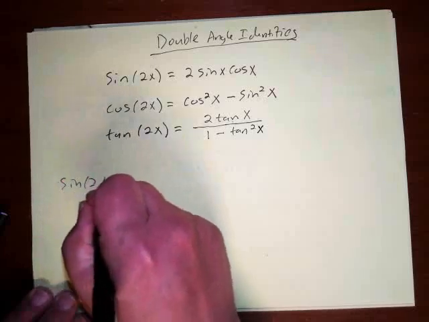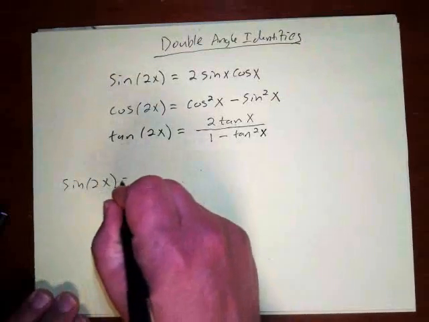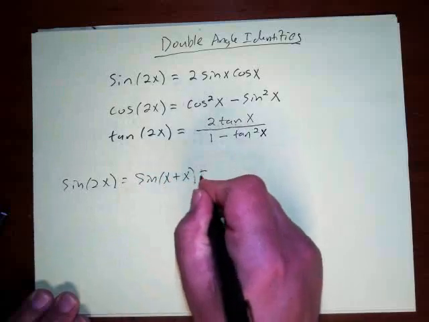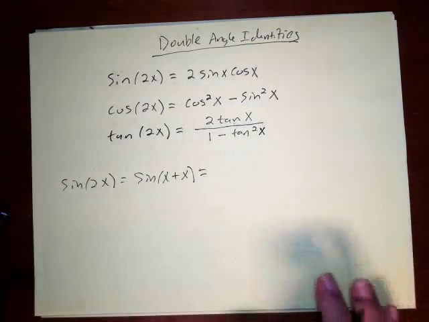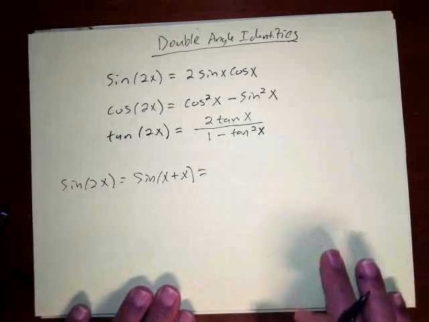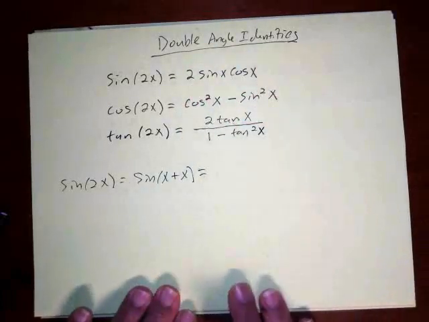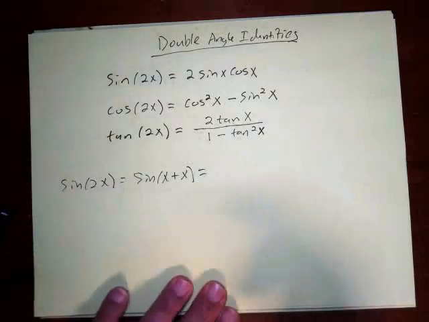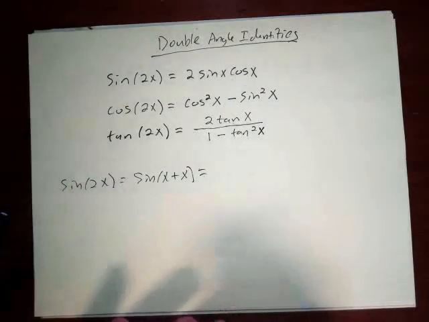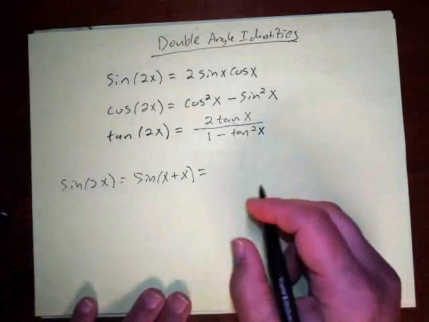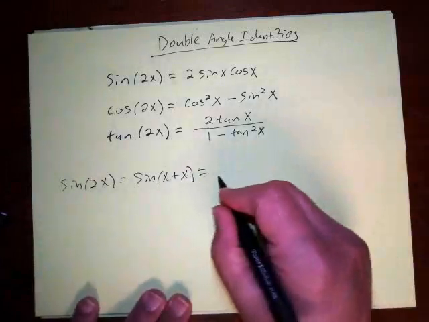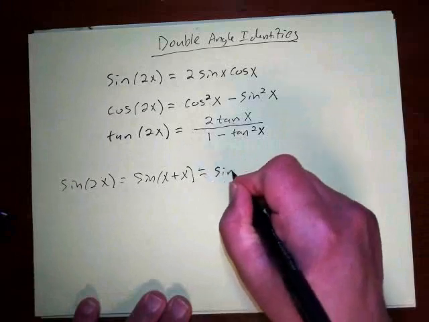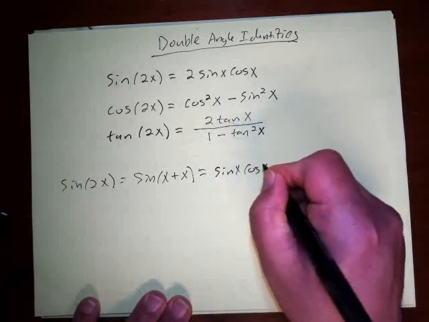So sine of 2x, which is the sine of x plus x, right? Maybe you could pause the video and see if you can get this, and then start it back up and see how you did. Okay, so now I'm going to use the sum identity here, and this is going to be sine x cosine x.